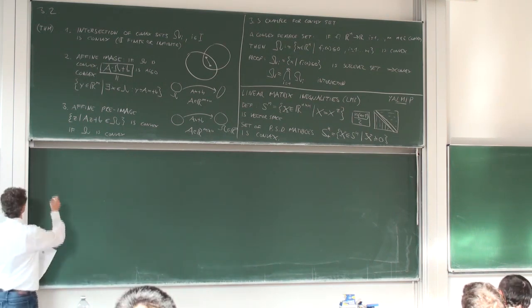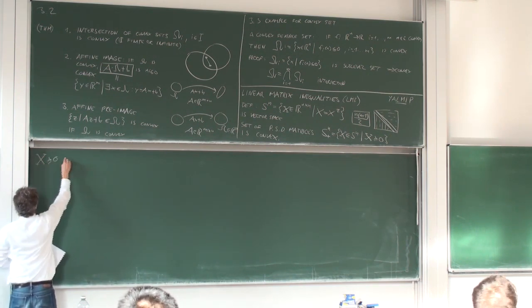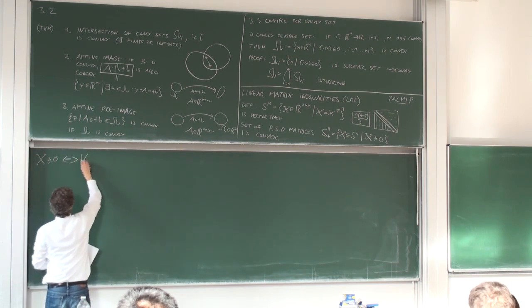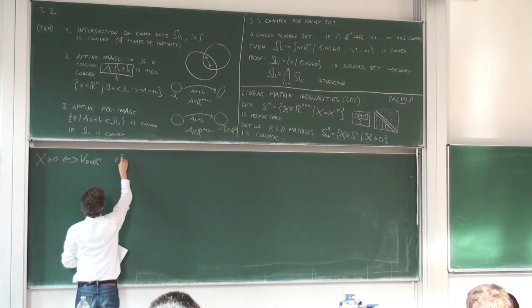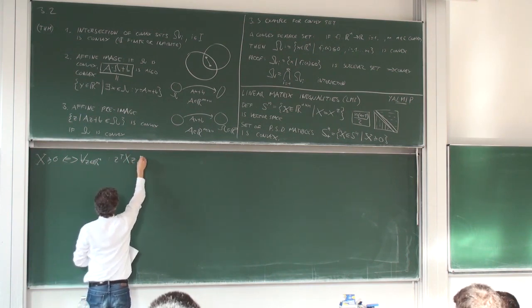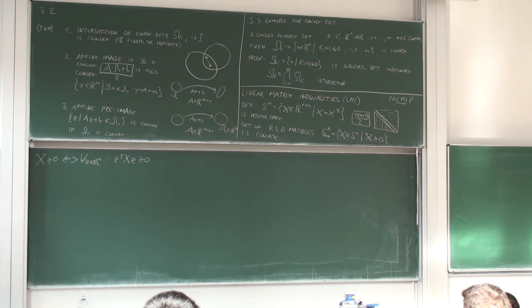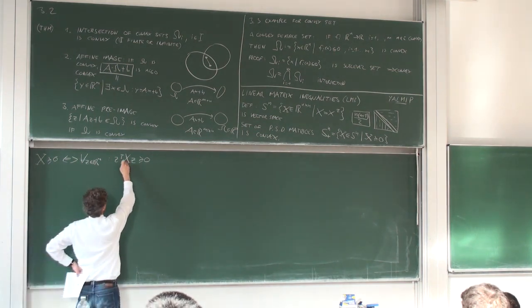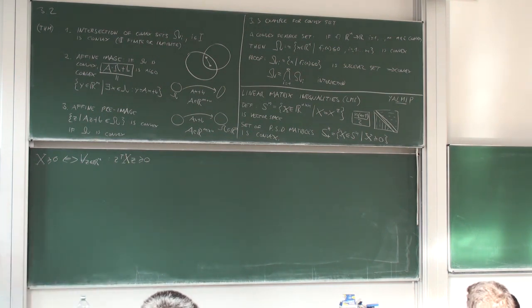So we actually can say that this holds if and only if for all z in Rn we have that z transpose X z is positive. That was the definition. But what is this in terms of inequalities regarding the variable X?